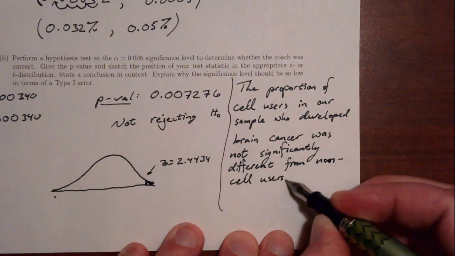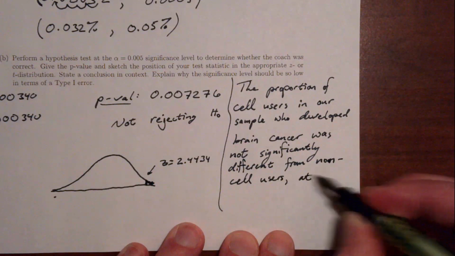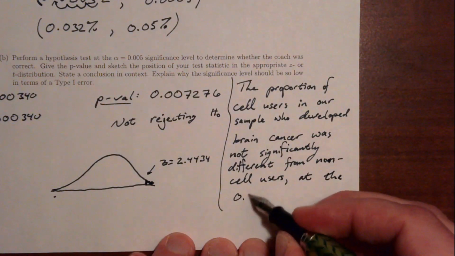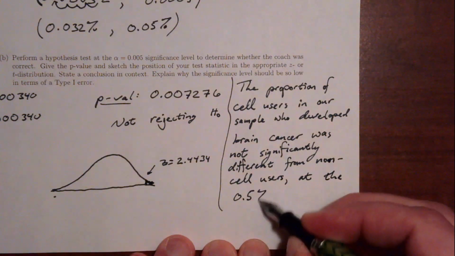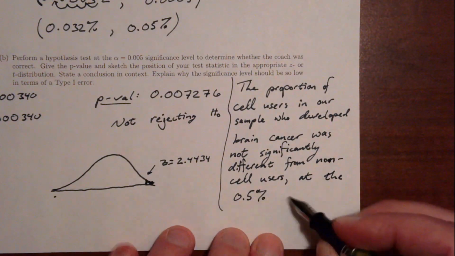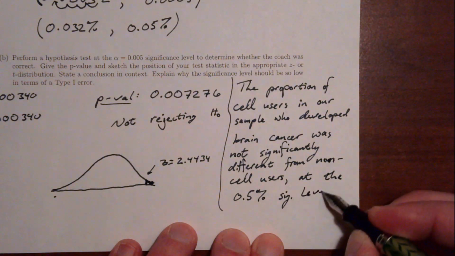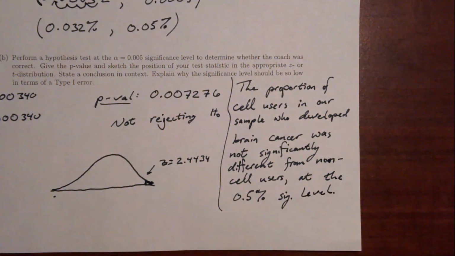And by significant, we mean at the 0.5, not 5% like usual, but even tighter. Significance level.